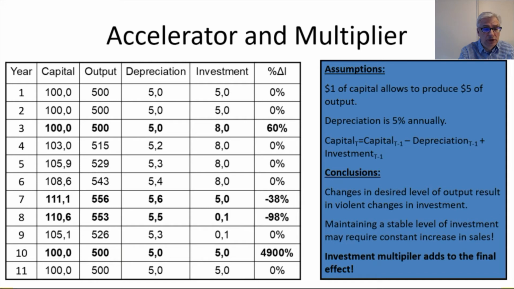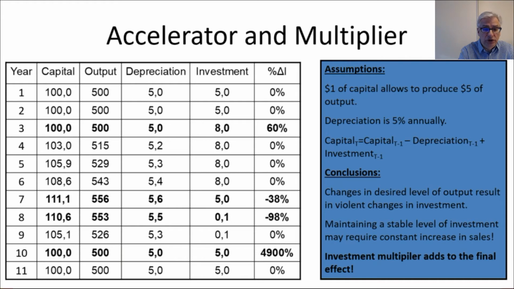This capital of 103 allows us to produce slightly more, 515. The depreciation would be 5%, which is 5.2. Our investment is still 8.